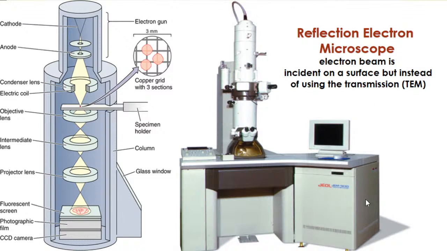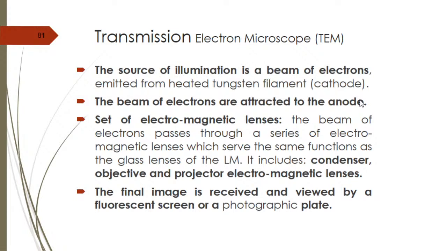This is a classical original microscope in the laboratory. We have seen that the electron beam is incident on the surface, but instead we use the transmission electron microscope. The source of illumination is a beam of electrons emitted from the heated tungsten filament, the cathode.